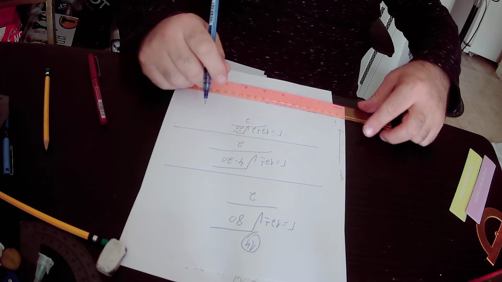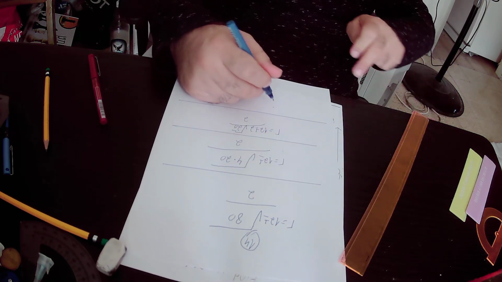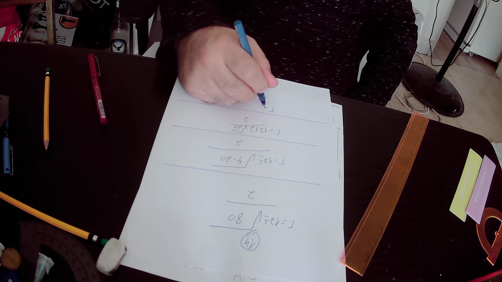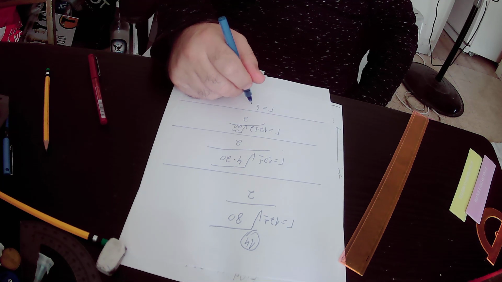So r equals... 12 over 2 is 6 and 2 over 2 is 1.